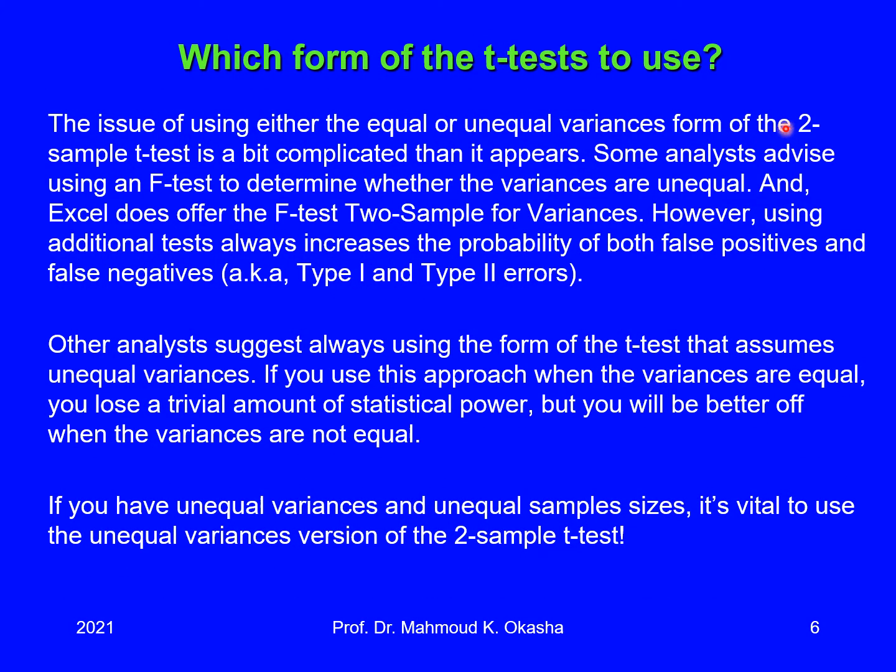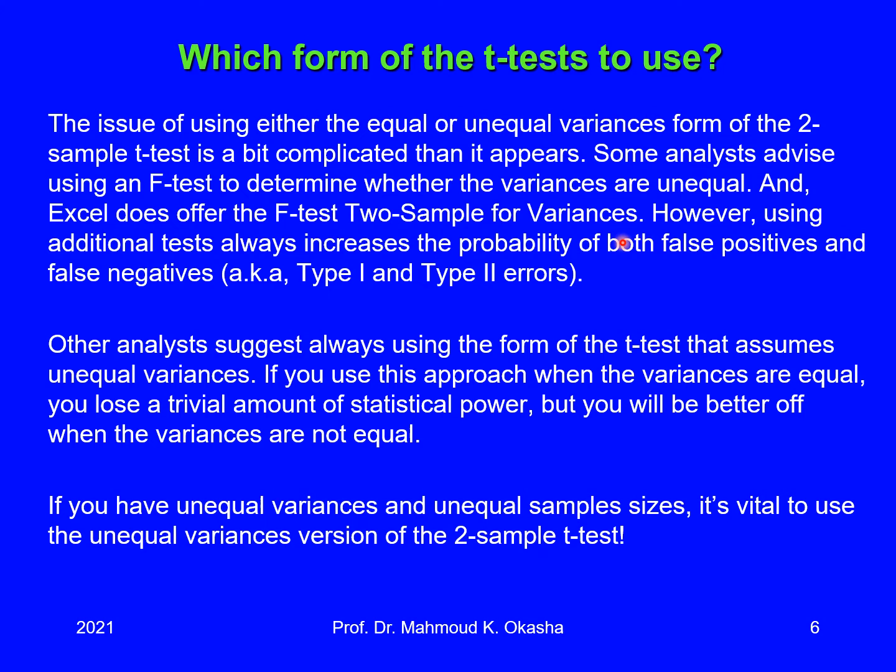Which form of the t-test to use? It depends. Usually, when not using Excel but other statistical packages, we should do a test to test whether the variances are equal or not, but not necessarily.